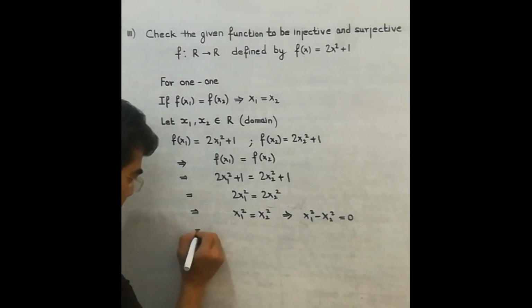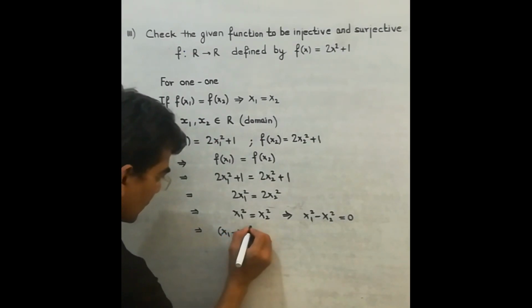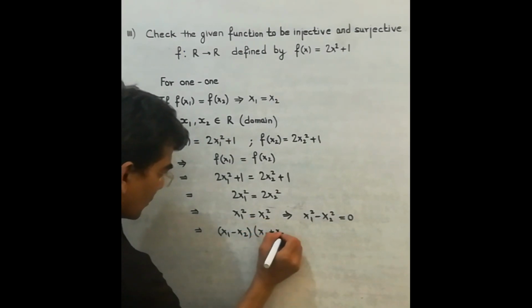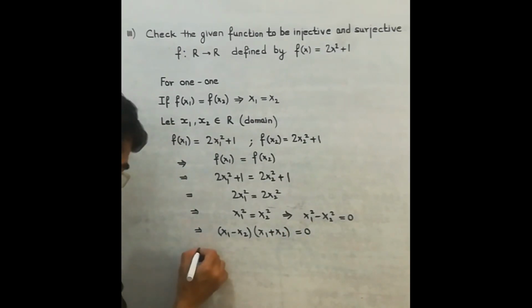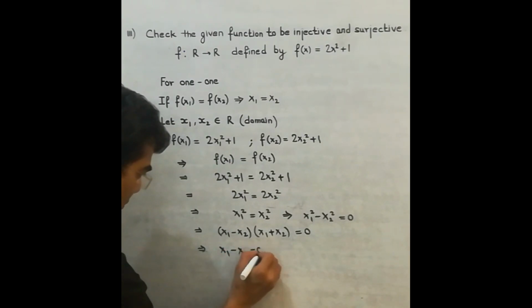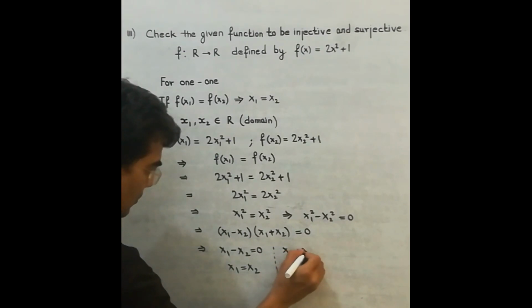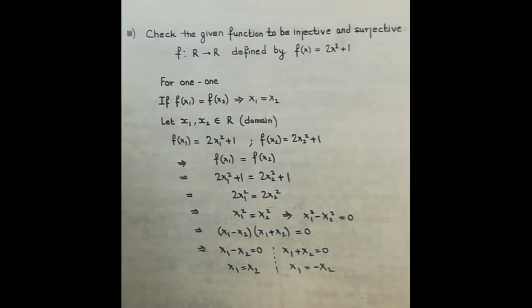Now further solving it. So here we are getting x1 is equal to x2 as well as x1 is equal to minus x2.